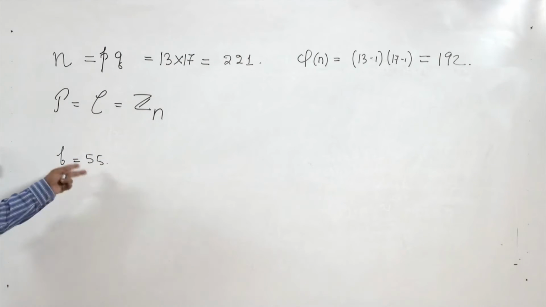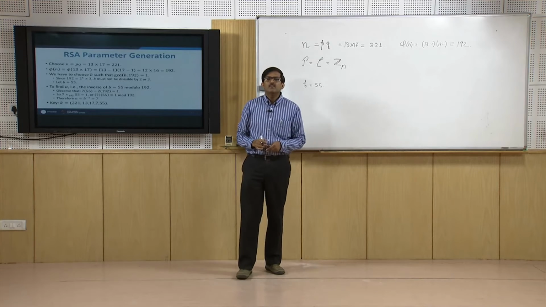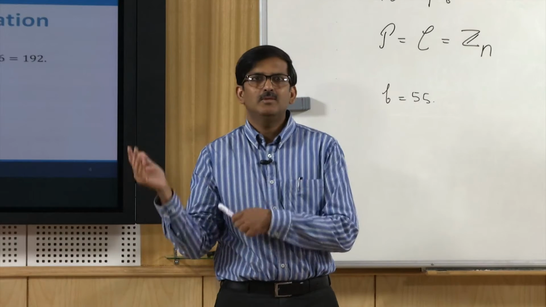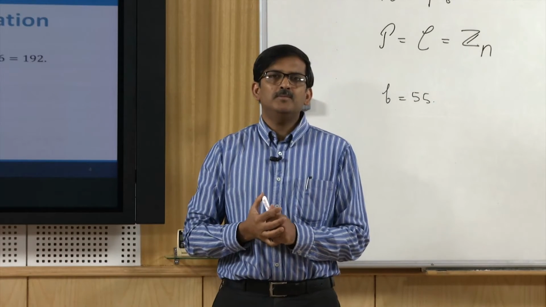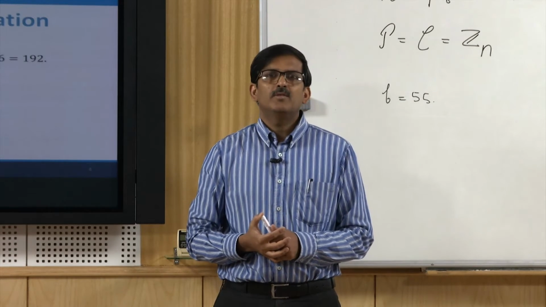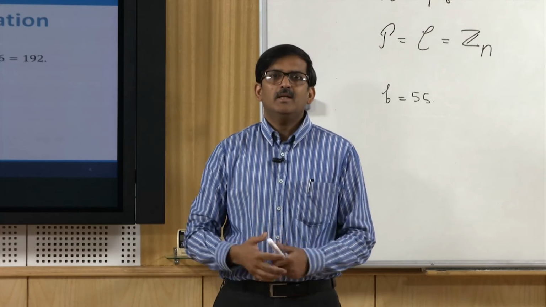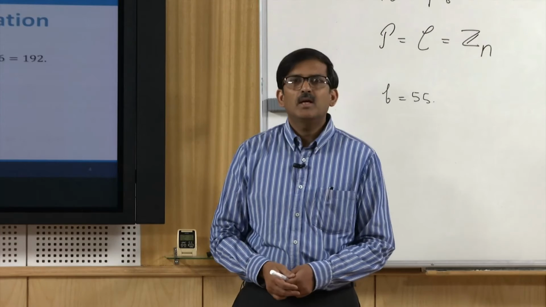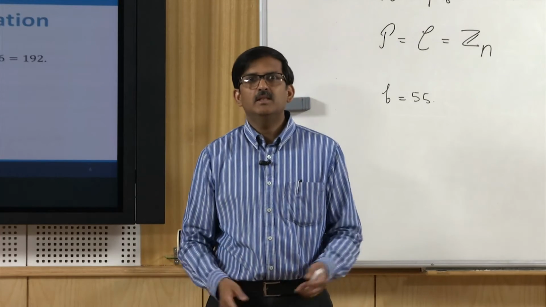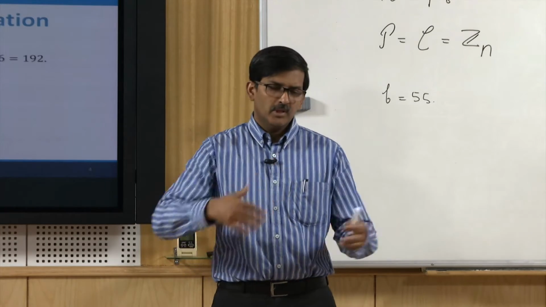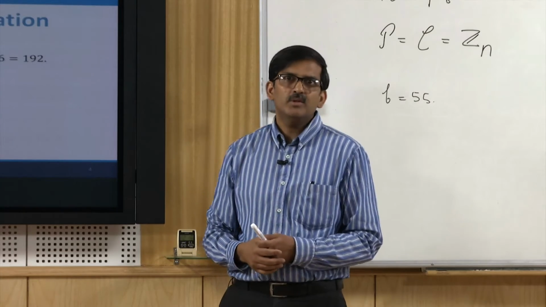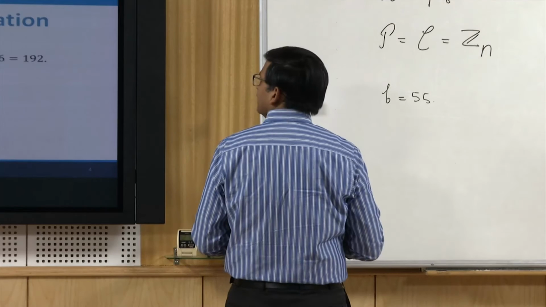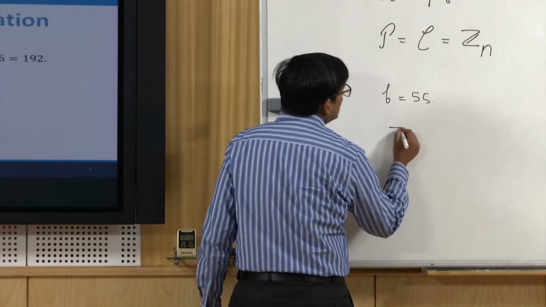Once we have B equal to 55, we can use the technique that we have discussed in our previous lectures from week 1 onward: I can compute the inverse of B modulo 192, and for that I do not have to do searching. I can use the Euclidean algorithm back and forth and get the inverse. I have discussed that, and in this case the inverse is going to be 7.